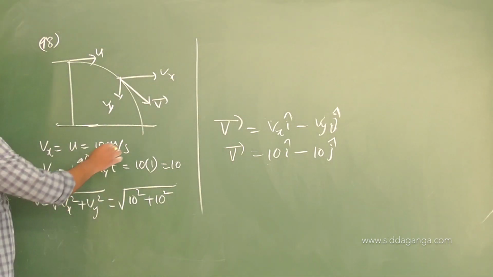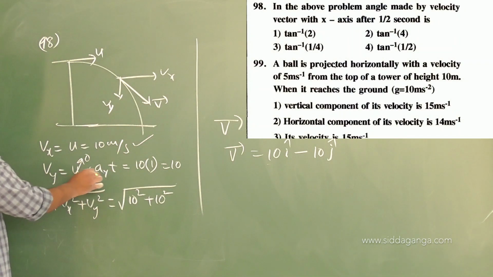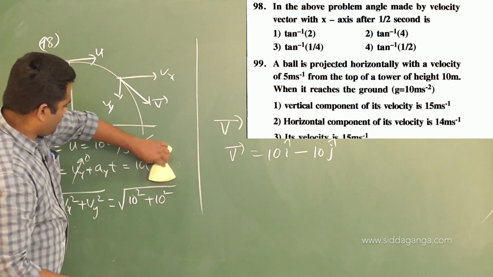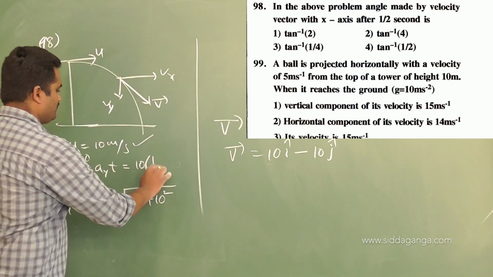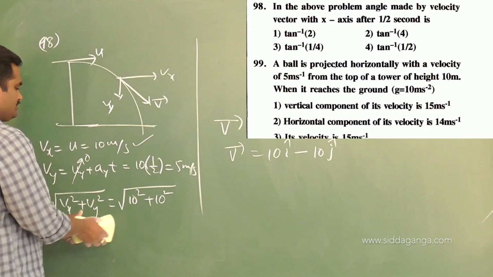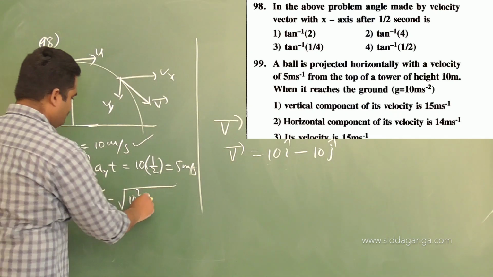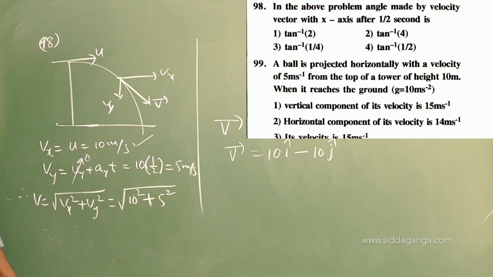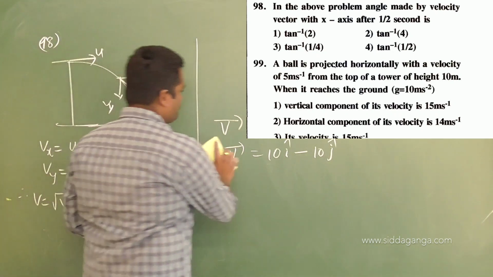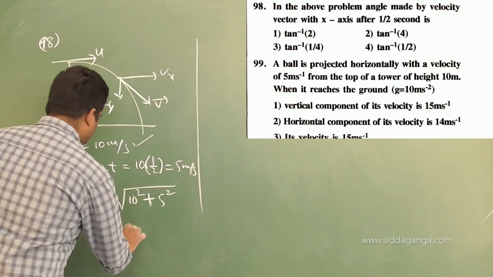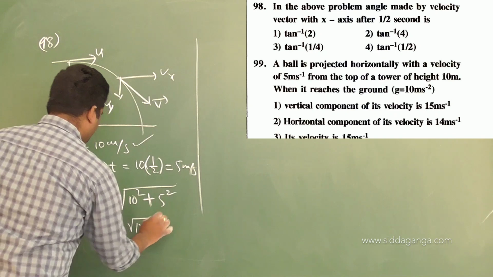Here Vx is 10 meter per second only, but Vy equals uy plus ay into t, which is 10 into the time, half a second, that is 1 by 2. That is 5 meter per second. If I substitute, you get root of 10 square plus 5 square, 100 plus 25, which is root 125.